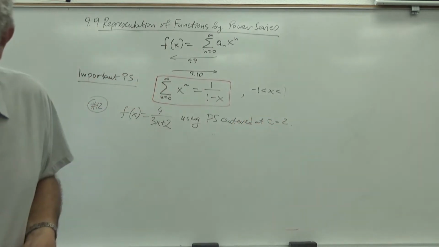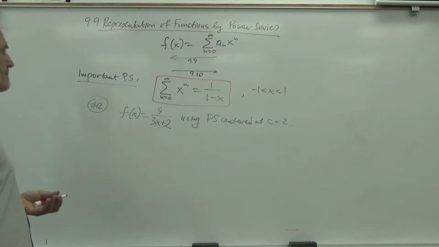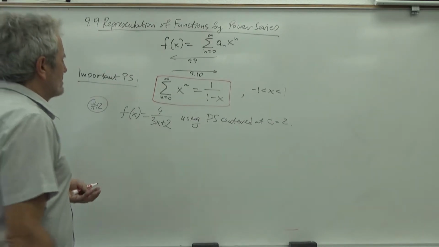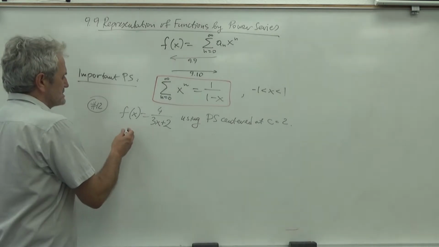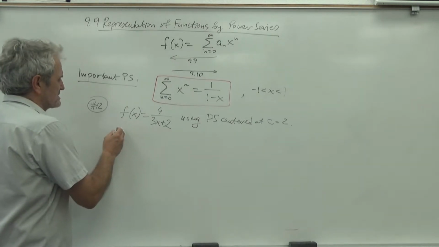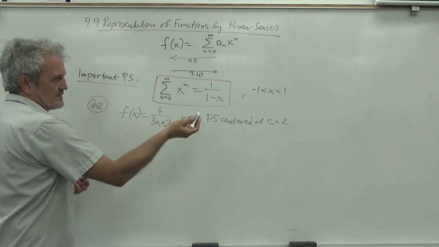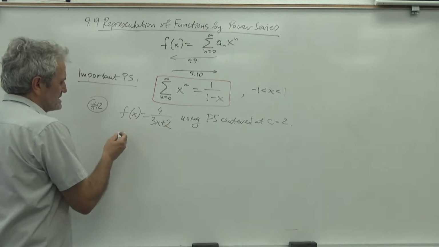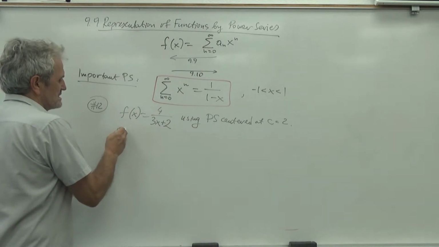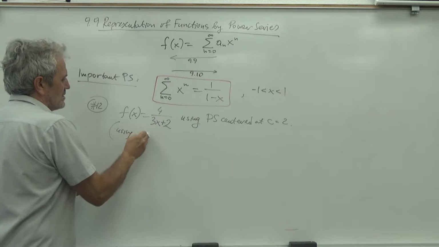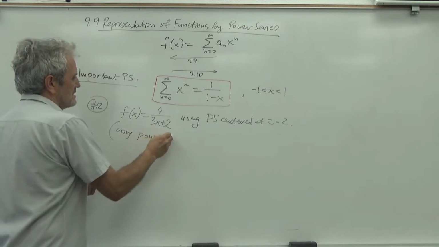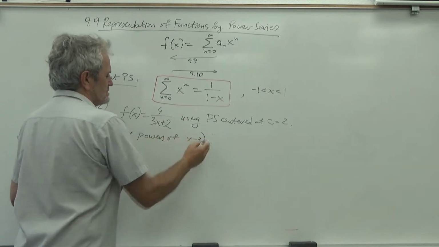Is it 2? At c equals 2, yeah. So what happens if we do the same trick? Since we need actually x minus 2 terms. So if it's centered at c equals 2, that means using powers of x minus 2.